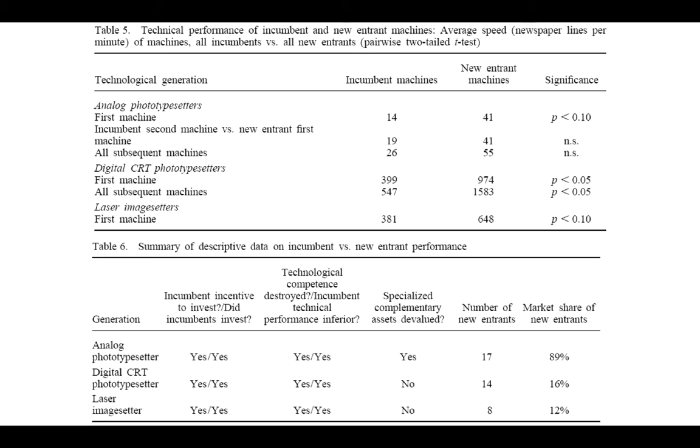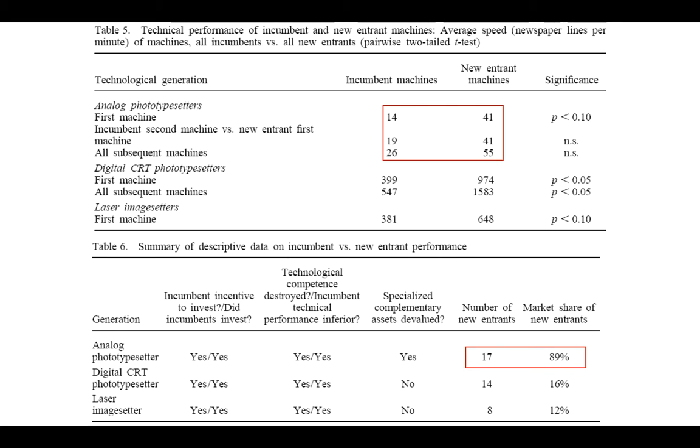In the first table, look at the red box and you see how the incumbent machines are performing substantially worse than the new entrant machines. An important reason for that is competence destruction.